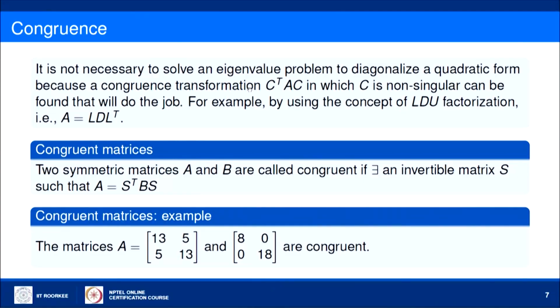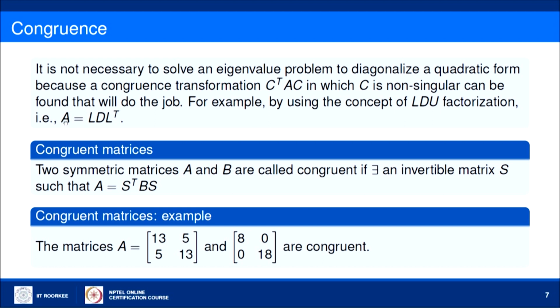The alternative is a congruence transformation C transpose A C, in which C is non-singular, that can be found to do the same job. For example, by using the LDU factorization, and since in the quadratic form A is a symmetric matrix, we can always write the matrix U as L transpose.